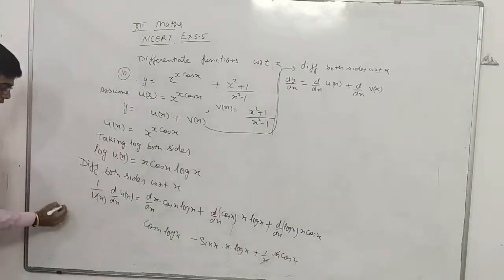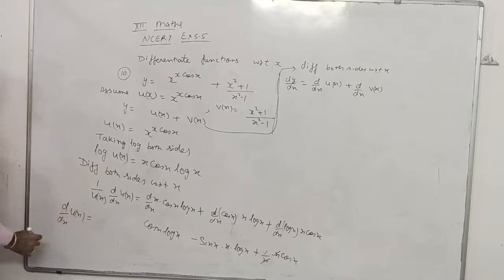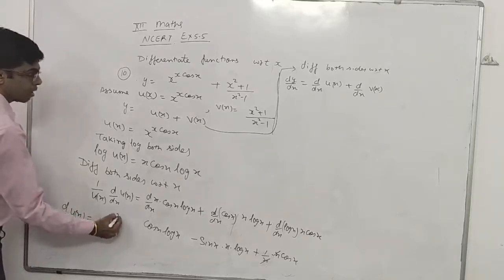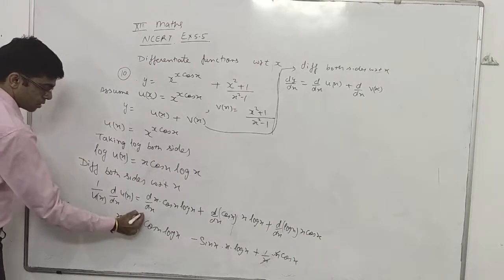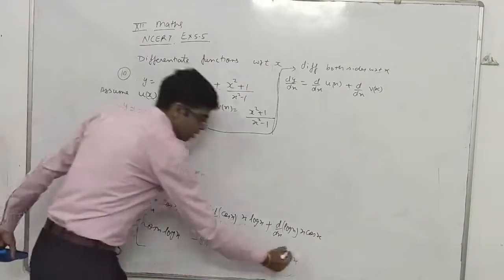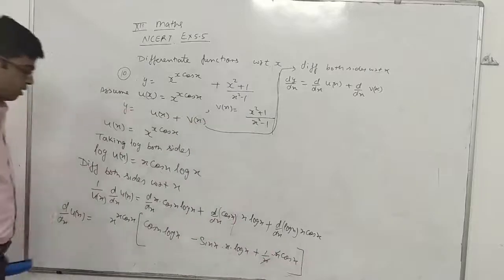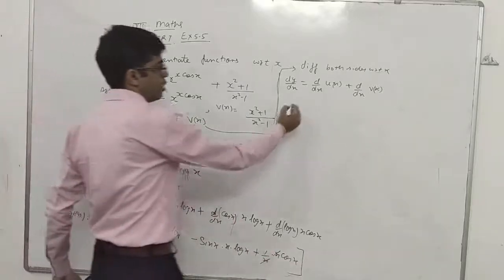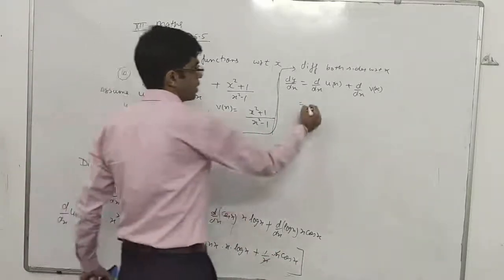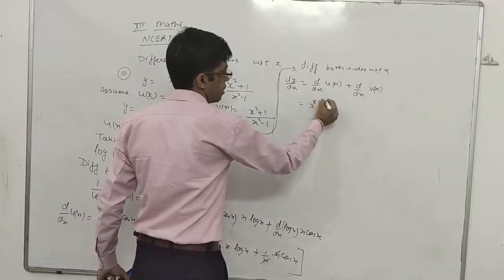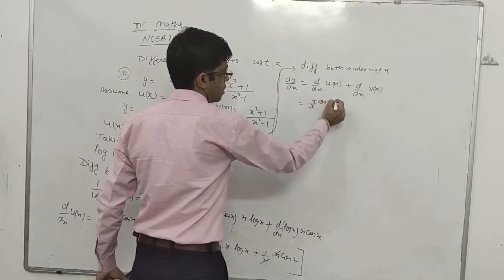So finally this dy/dx of u(x) is coming. The u(x) function, x raised to the power x cos x, will be multiplied with this one. So we can write the value here: x raised to the power x cos x.